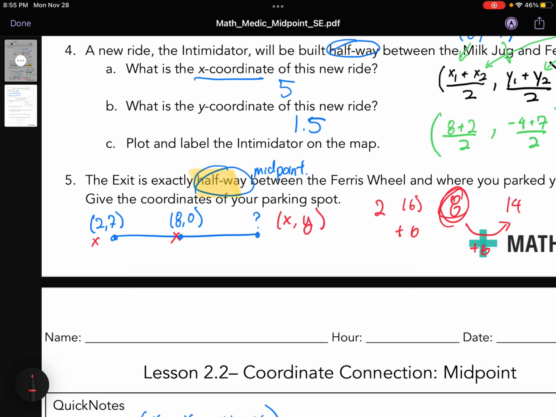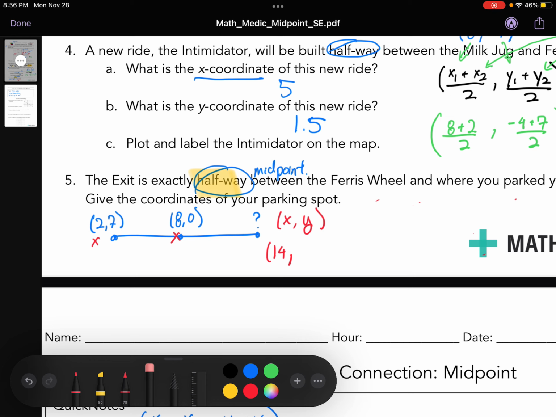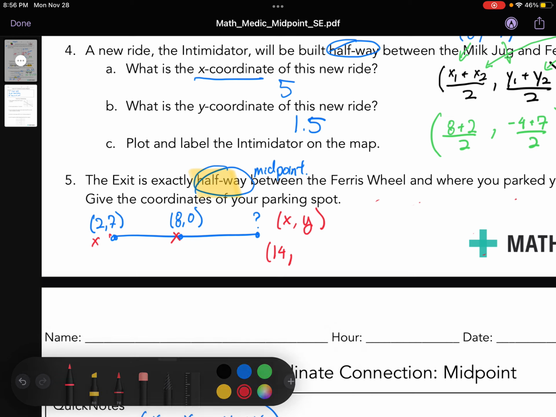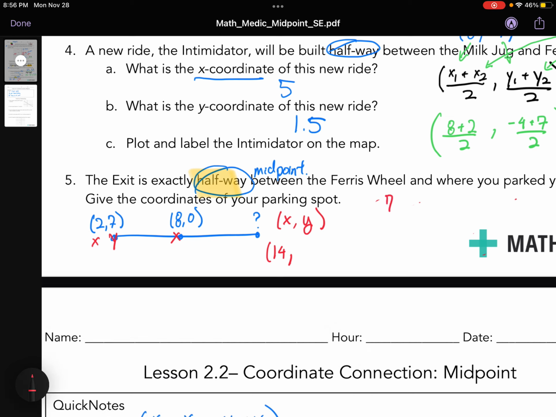So our endpoint x value is 14. Now do the same thing for the y. Our y value at the end is 7. Our midpoint is 0.